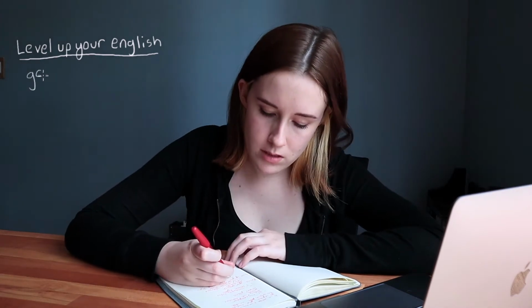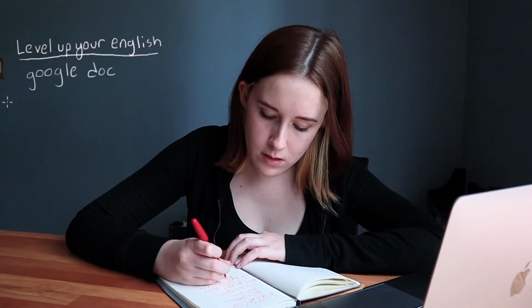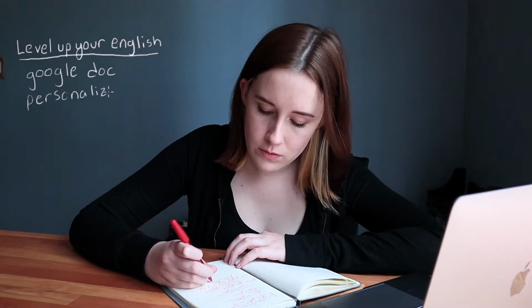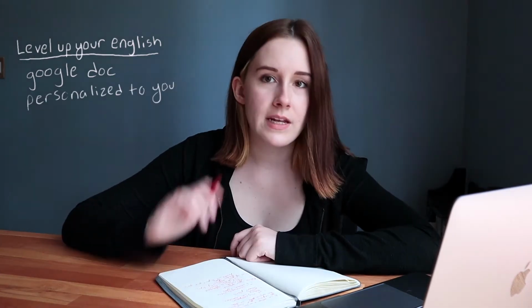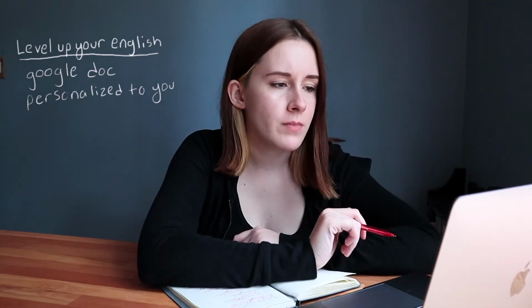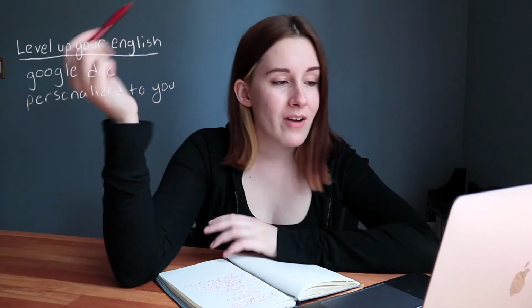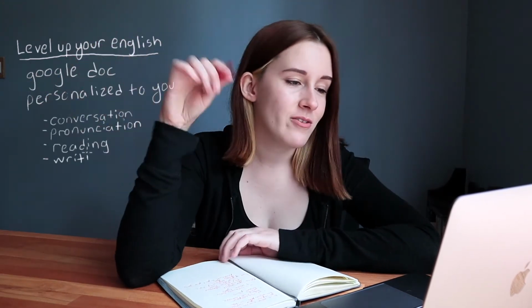So I create a Google document personalized to you. And then I think for this one, I'm just gonna list some of the things that we can work on. Because in the lesson description on my profile, I have a list under this specific lesson. Things we can work on: conversation skills, pronunciation, writing, reading, grammar, learning new vocabulary, and tools to memorize, blah, blah, blah. So I think I'm just gonna list off all of those.